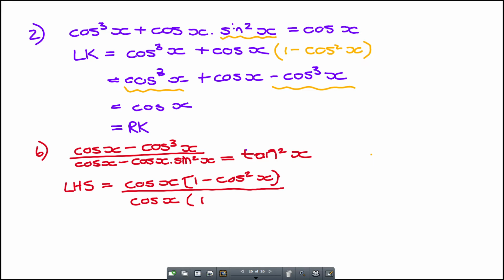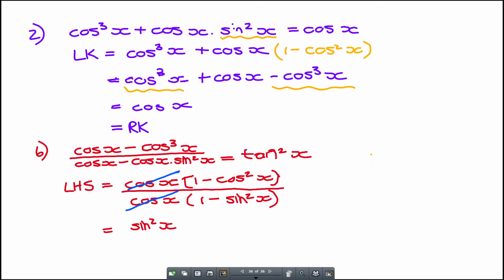Then I'll have 1 minus sine squared x. Can you see that this cos x and that cos x are going to cancel each other out? And then also 1 minus cos squared x is the same as sine squared x.